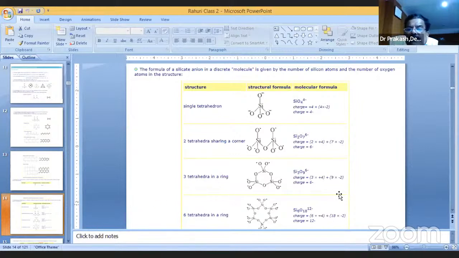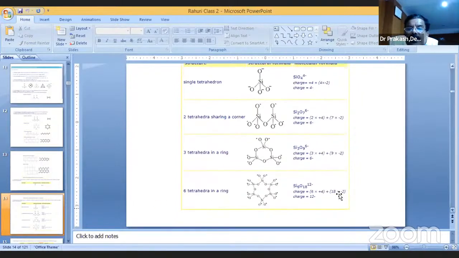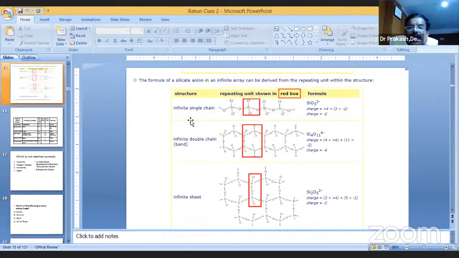So then in case of infinite single chain, you can see the repeating unit shown in the red box. SiO3, you can see here, 1 is on top and 1 is on bottom, and this one is at the side. These 3 oxygens are shared.